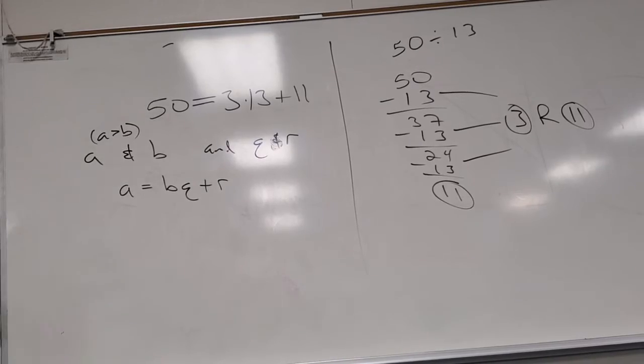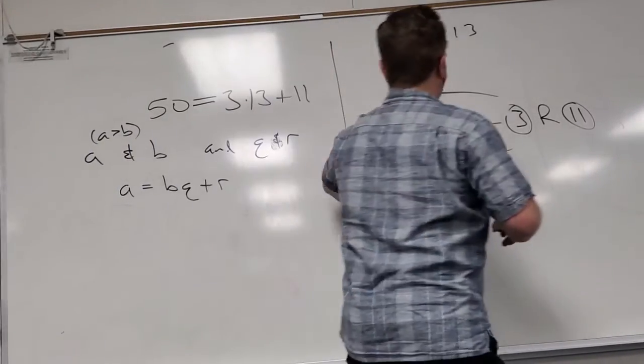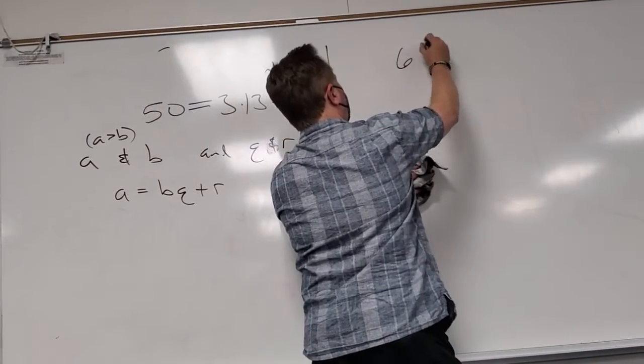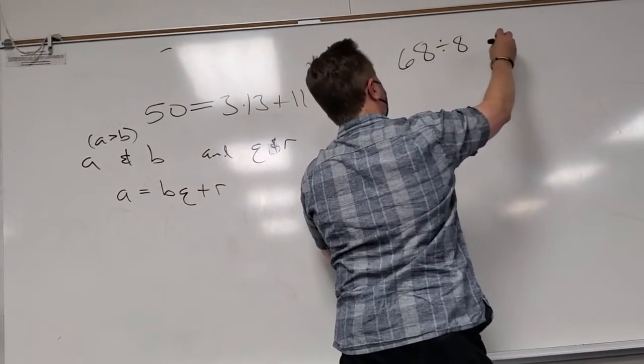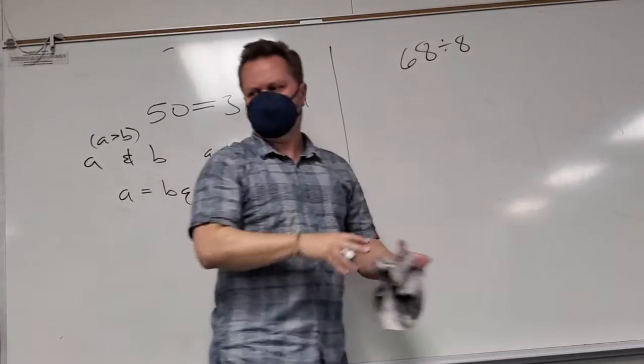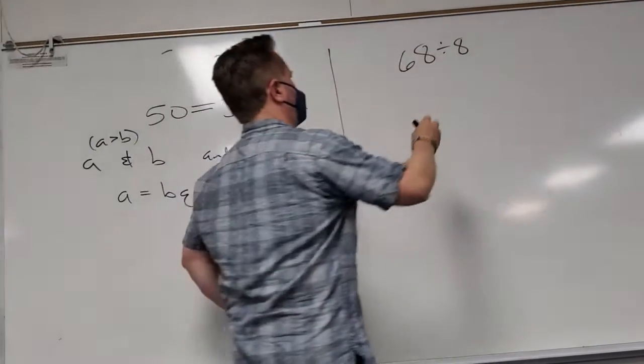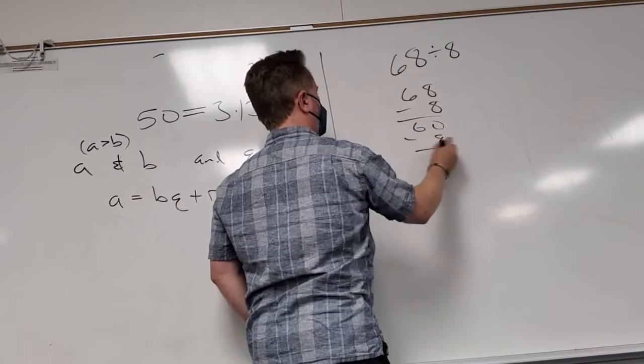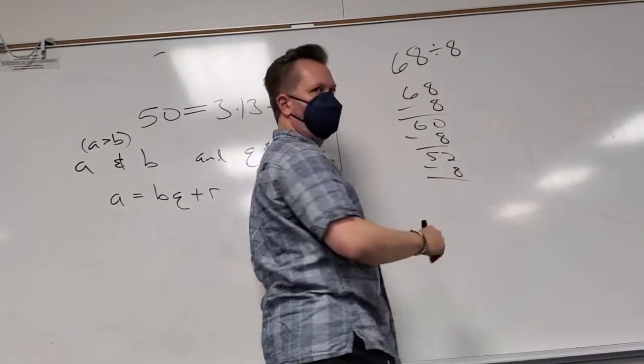So real quick, 68 divided by 8. This would be 68 minus 8, minus 8, minus 8. That's going to take a while, right?